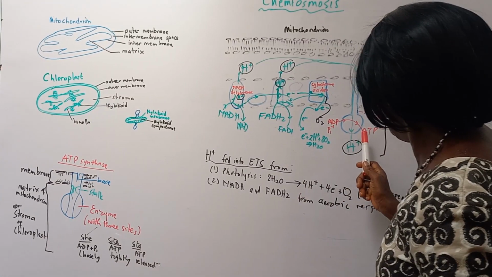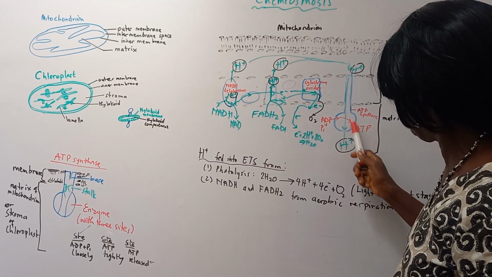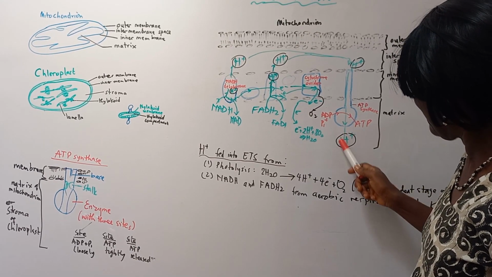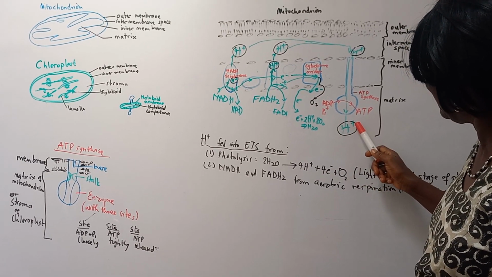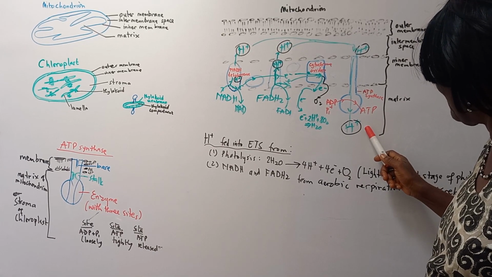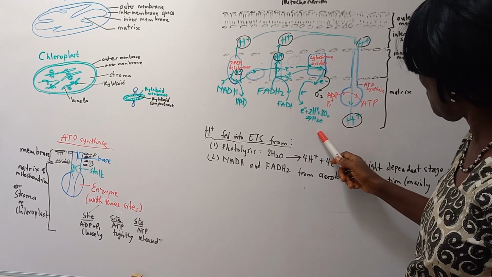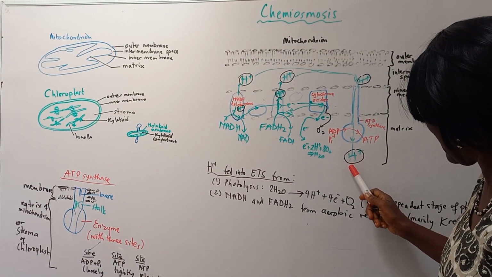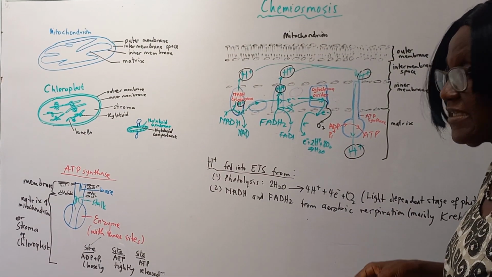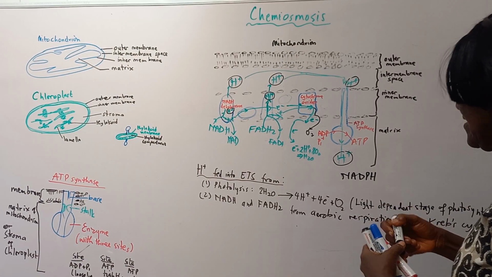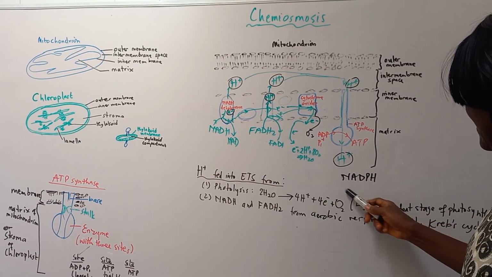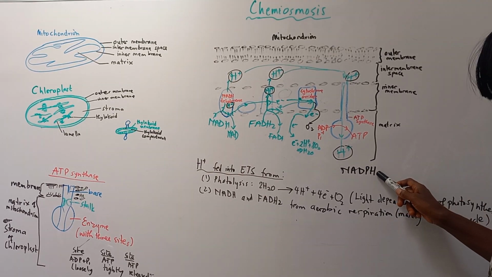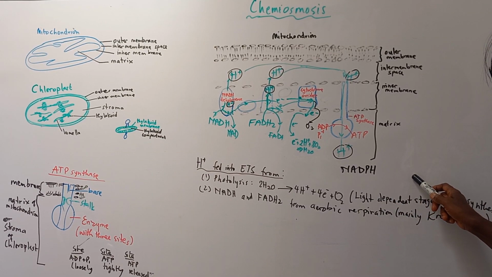So the ATPs that are formed in the matrix or in the stroma, and the hydrogen ions that are released into the matrix or the stroma can be used to form water, that is in the mitochondrion, and the hydrogen ions are used to form NADP reduced if it's in the chloroplast, so that the NADP reduced can be used in the light independent stage of photosynthesis.